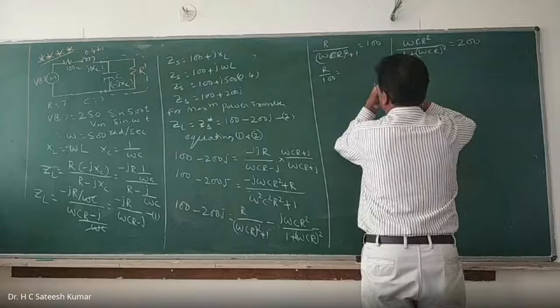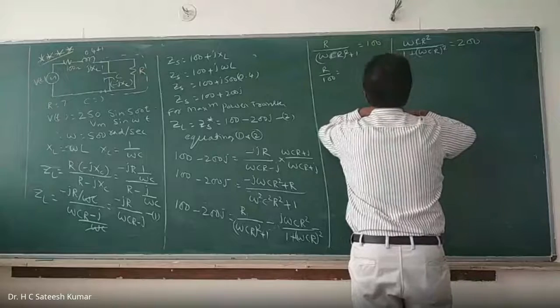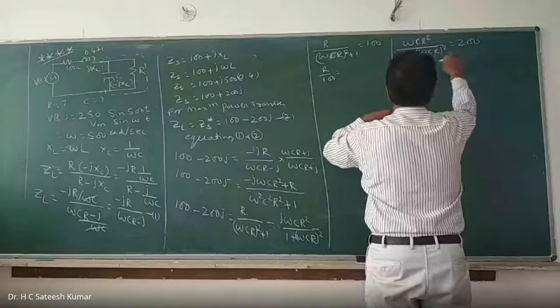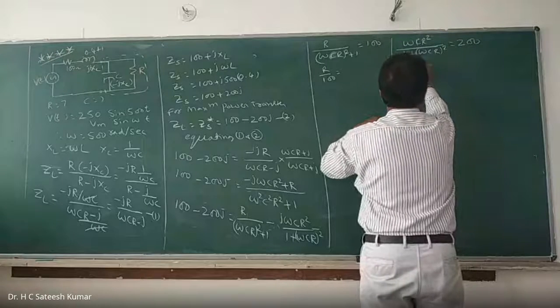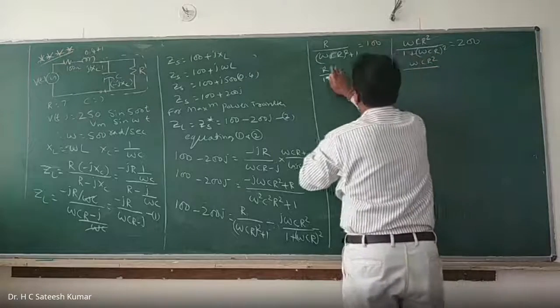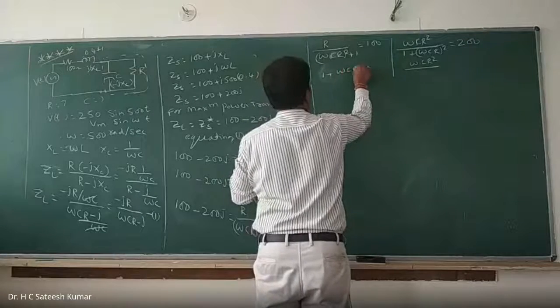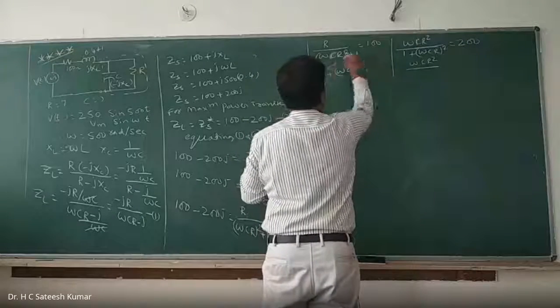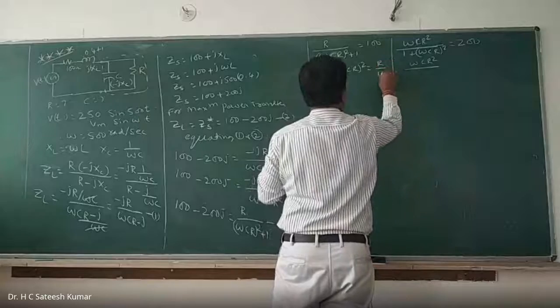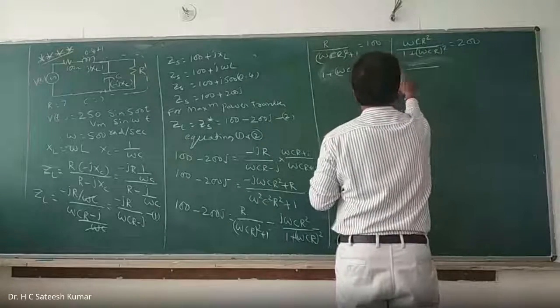R divided by omega CR whole square plus 1 is equal to 100. And what is that 1 plus this side here? Omega CR square. Okay, here itself we can write it. What is that we can write it? 1 plus omega CR whole square is equal to cross multiply. What is that we have? R by 100. So therefore, what is that? Substitute this one in this equation.